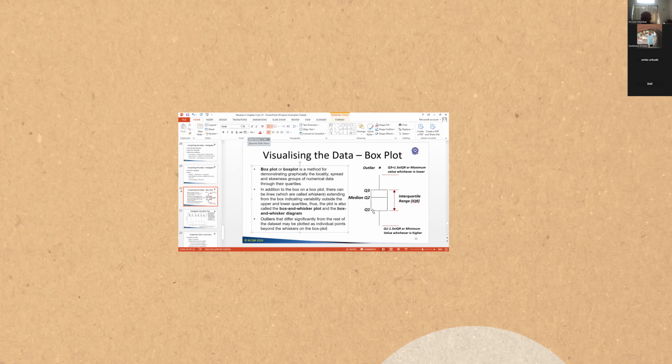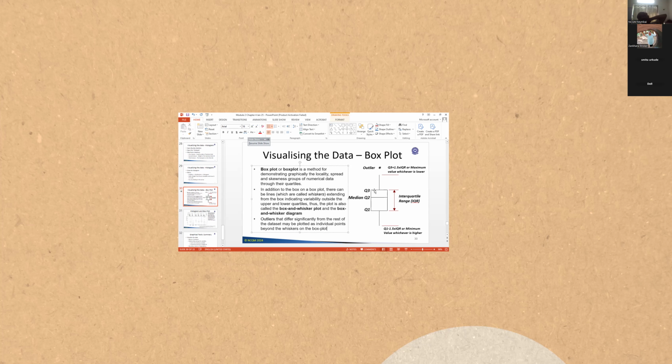So 25% population is below 20 years, 50% population is below 35 years. Then Q3, 75% population is below 50 years. That indicates to us that 25% of the population is above that age, say 60 years.